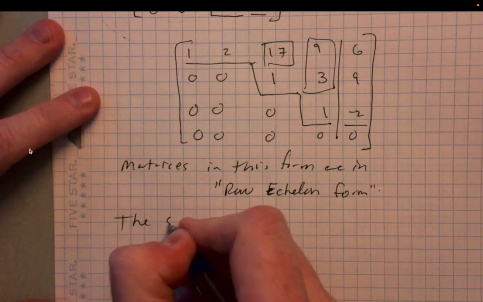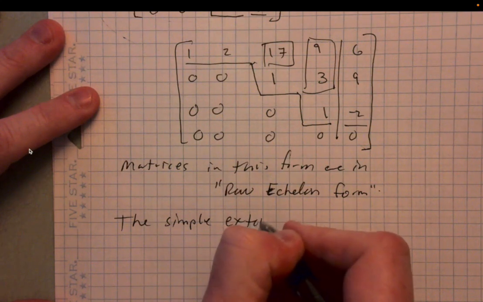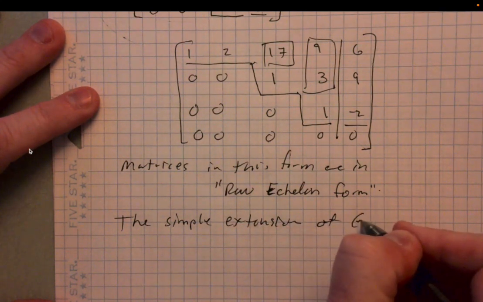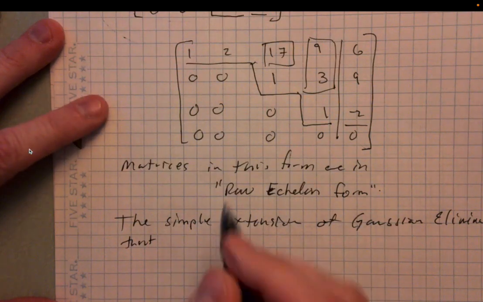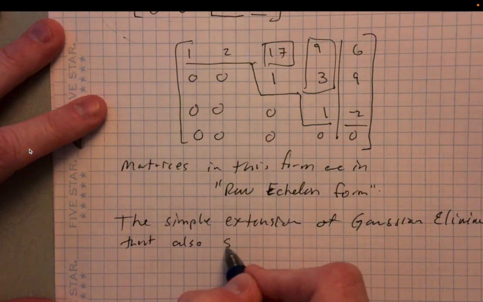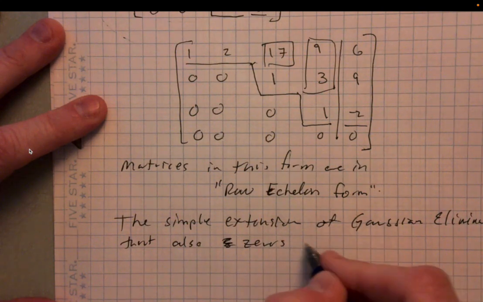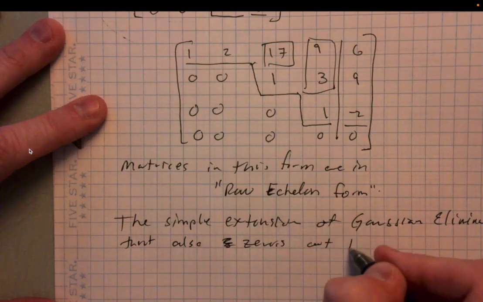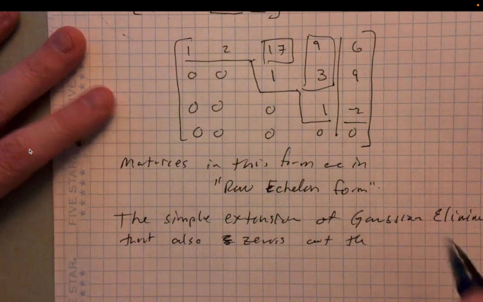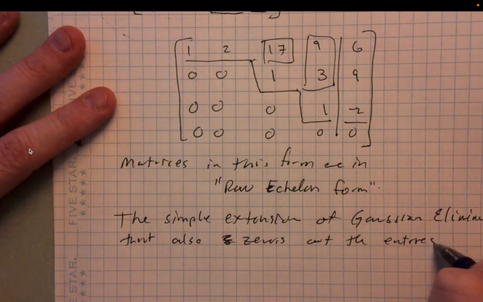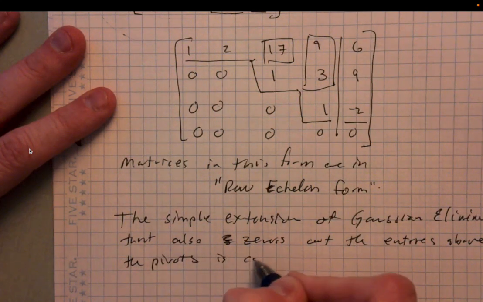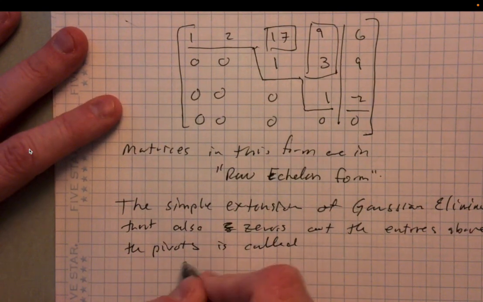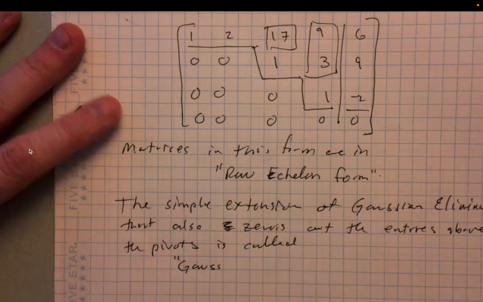So the simple extension of Gaussian elimination that also zeroes out the entries above the pivots is called the Gauss-Jordan row reduction.